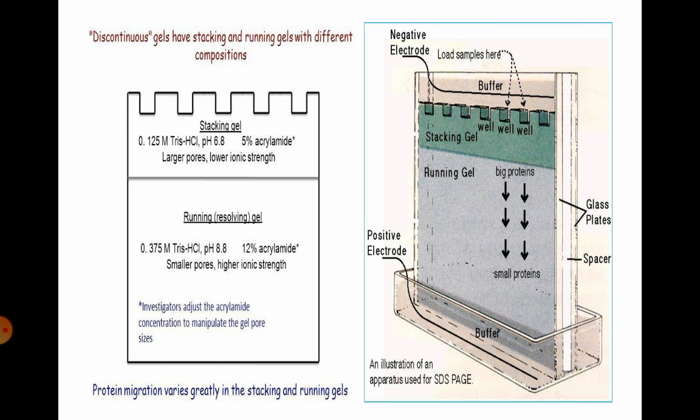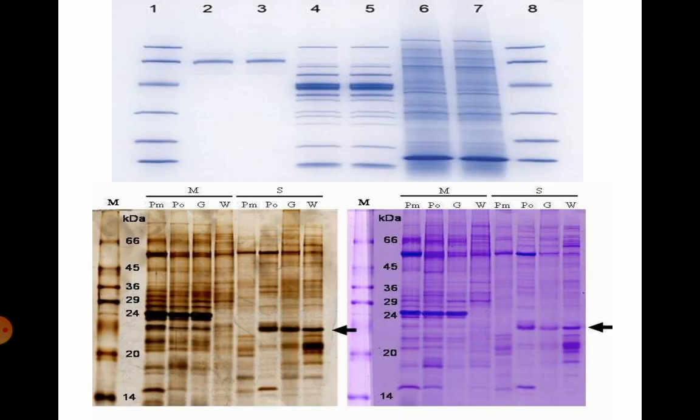Then we have to remove the gel carefully after the separation is over, and we have to develop the gel because the proteins are colorless. We have to use a specific stain called Coomassie Brilliant Blue, or we can also use another type of staining called silver staining. So we can use any kind of stain to stain the proteins.